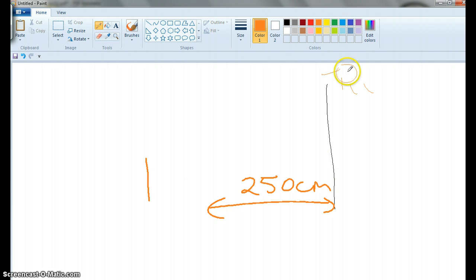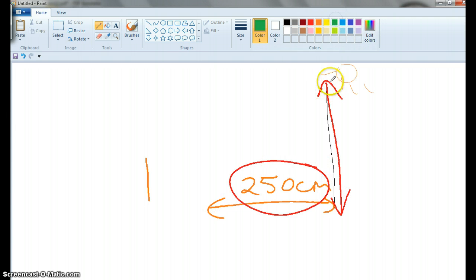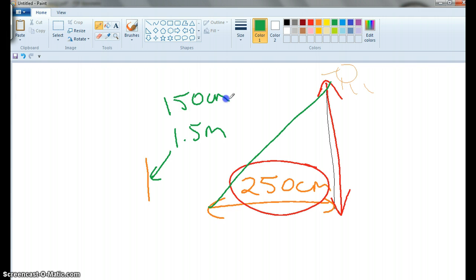You can't calculate the height of the post with just this measurement. We need to know the angle of the sun. So what was the height of the thing you were measuring? 1.5 metres, okay, or 150 centimetres. And what was its shadow?